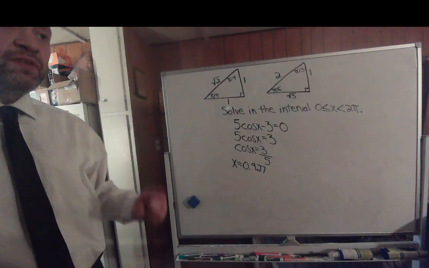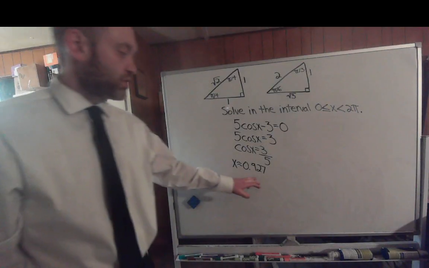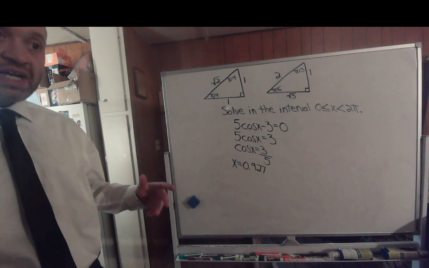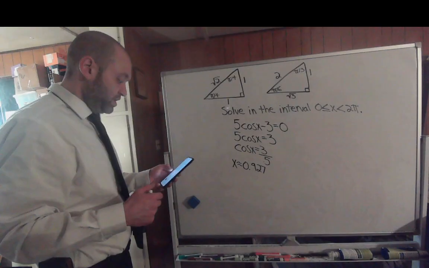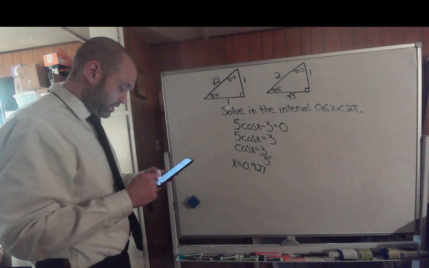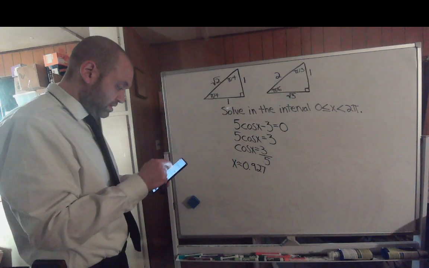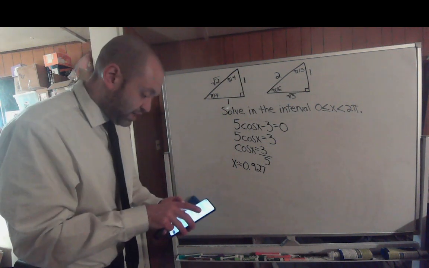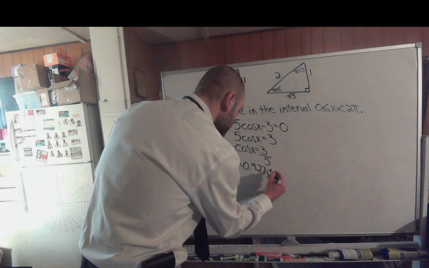We need to find a solution in the fourth quadrant because the cosine's positive again in the fourth quadrant, right? So if we take 2 pi minus this, we should get an approximate solution. You should get approximately 5.356 radians.